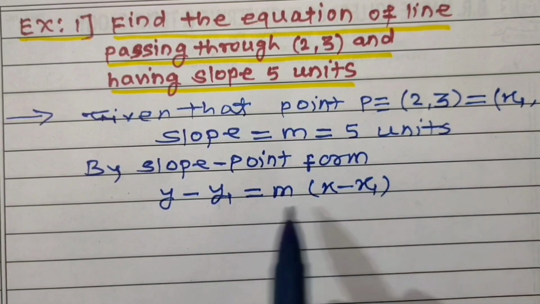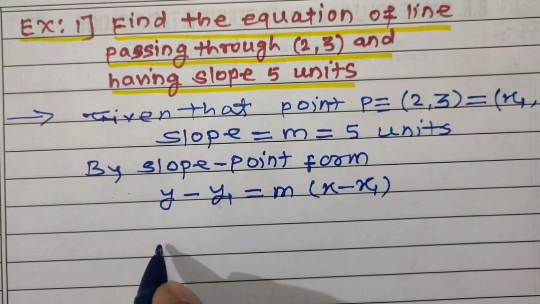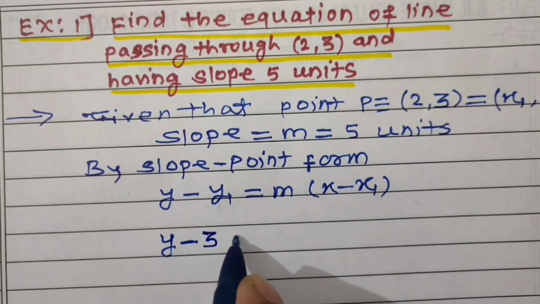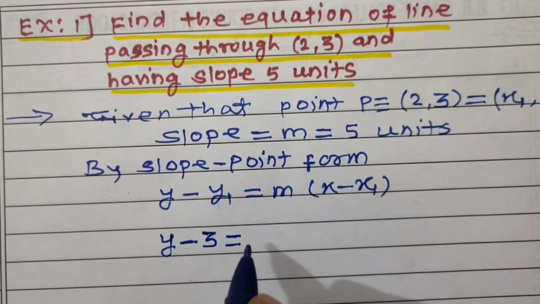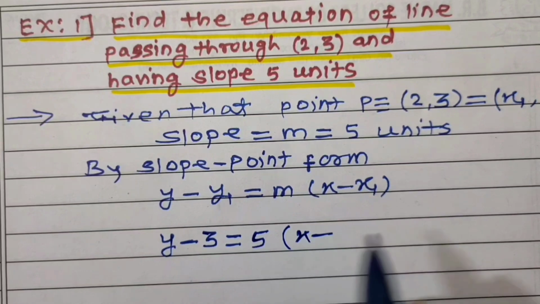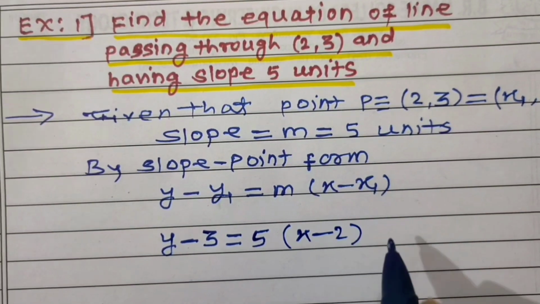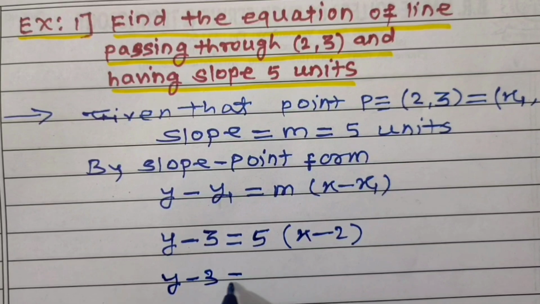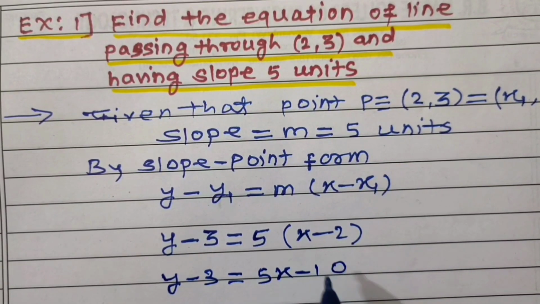Put x1 and y1 in this equation, that gives y minus y1, y1 is here 3. This is equal to m, which is 5, into bracket x minus x1, which is 2. Now simplify this. This is y minus 3 is equal to 5x minus 10.